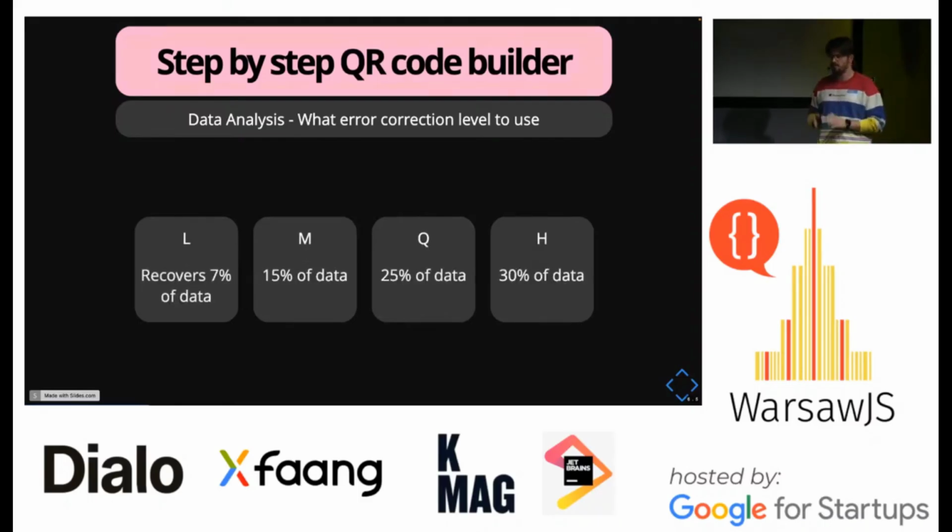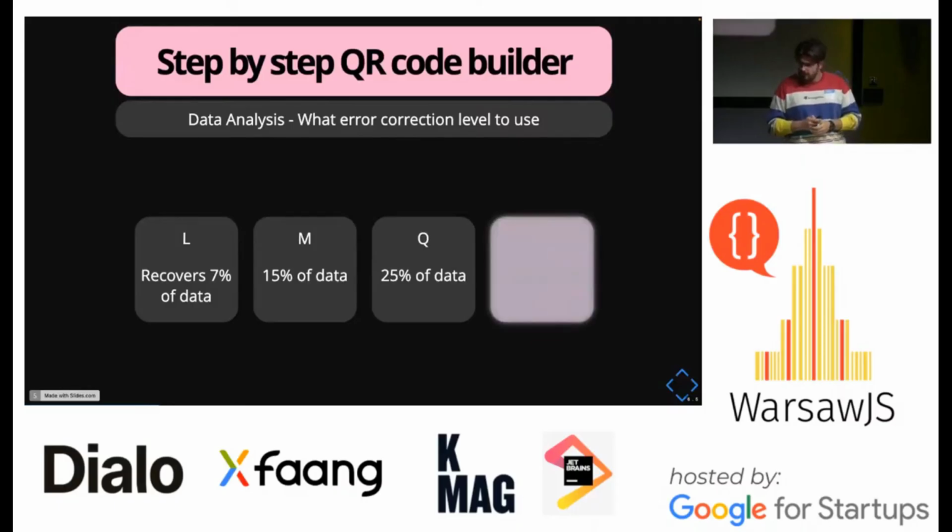Here is how much data we can still recover based on the level which we choose. Of course, a higher level cuts some of the data which you can save into the data matrix, the QR code. So for our case, we have just the JS word. We can go with the H level.